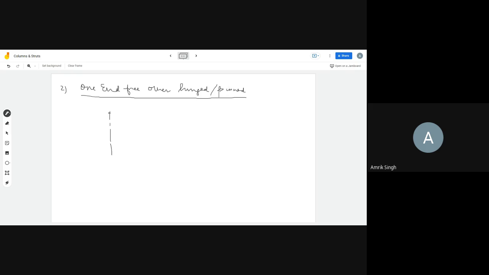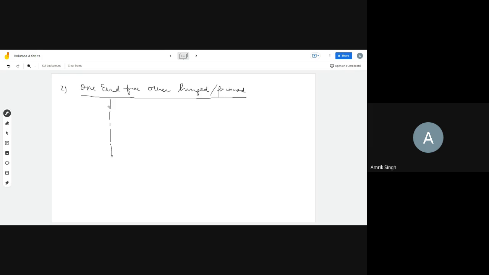This is the axis. So one end free. So at the free end, it is like this, and another end is hinged. So we have taken a free end and this is hinged or pinned.